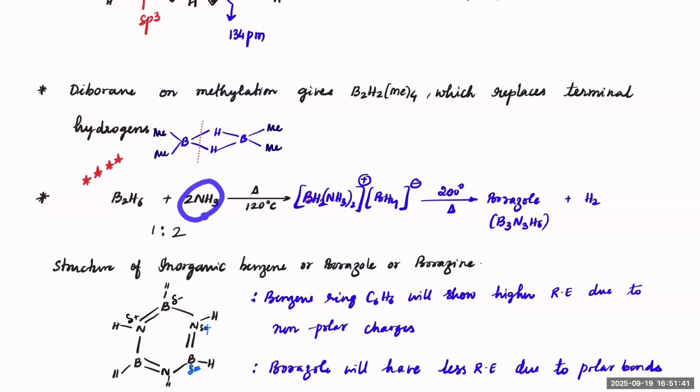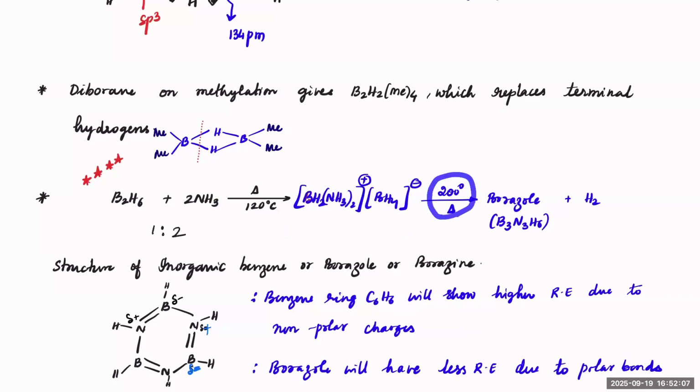B2H6 when you react with ammonia, and you know that ammonia will make an unsymmetrical cleavage. And this is what you will notice, unsymmetrical cleavage gives BH2 plus and BH4 minus. And 2 moles of nitrogen will combine here, making this entire group as plus and this group as minus. So it exists like a complex here.